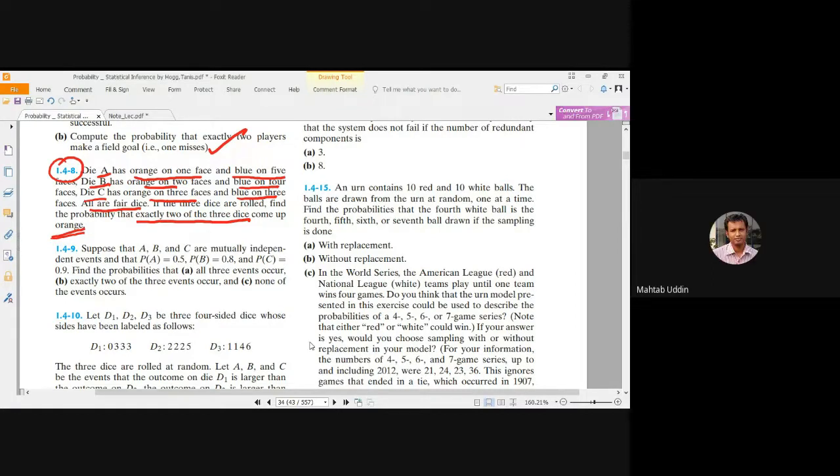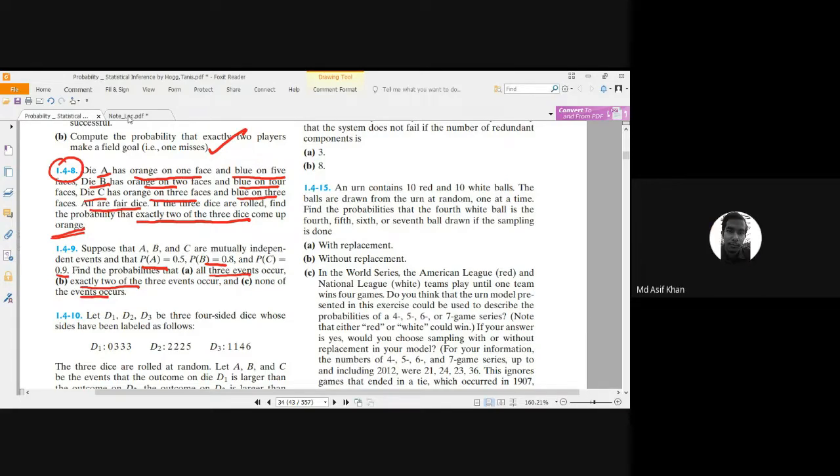Here, P of A, P of B, and P of C are given. All things are given, and you have to find when all occur, exactly 2 occur, and none of them occur. As all the information is given, I'm just writing the requirements. I think you can put the values. Can you put the values?